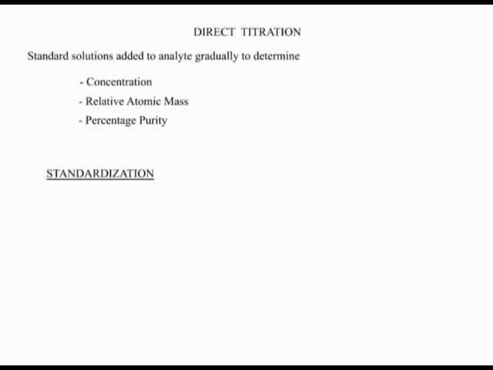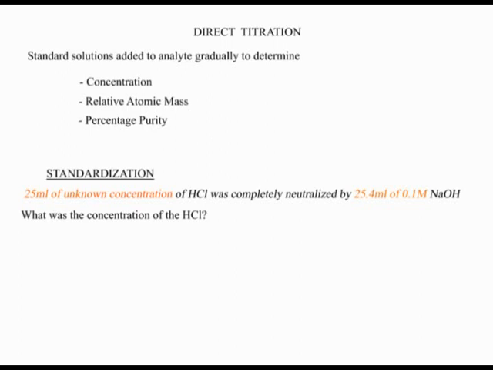In the end, we found the titer as 25.4 milliliters. And so 25 milliliters of unknown concentration of hydrochloric acid was completely neutralized by 25.4 milliliters of 0.1 molar sodium hydroxide. So, what is the concentration of the hydrochloric acid?